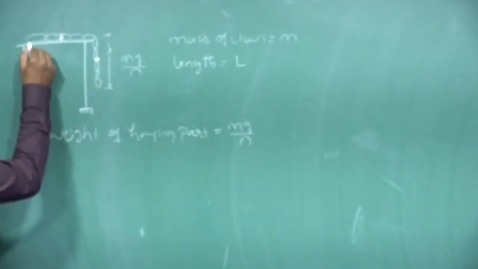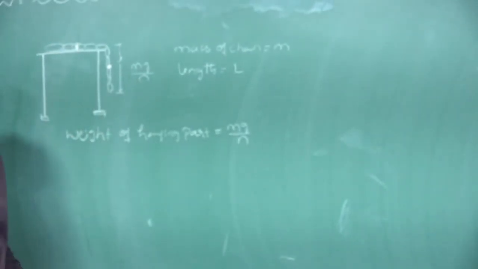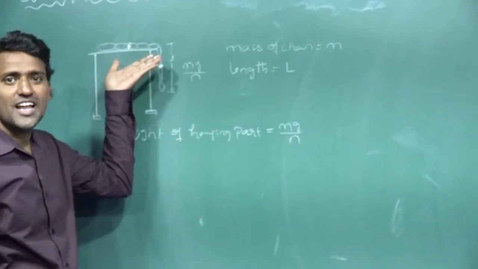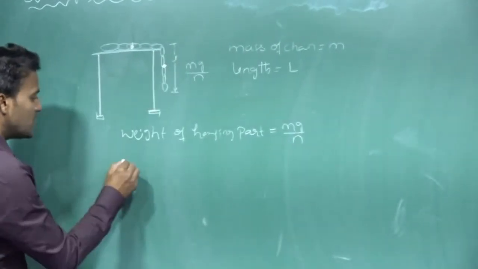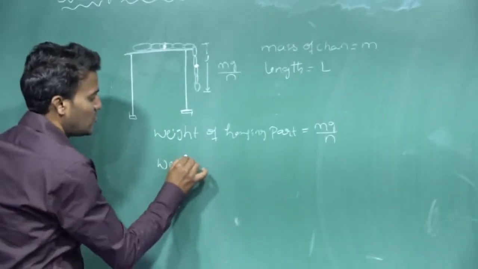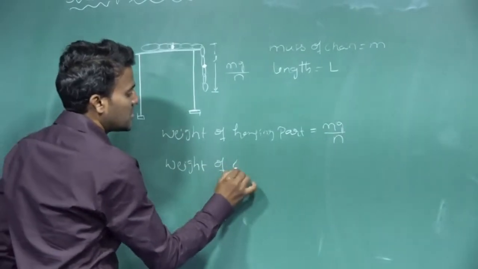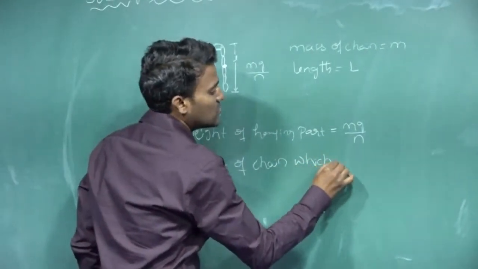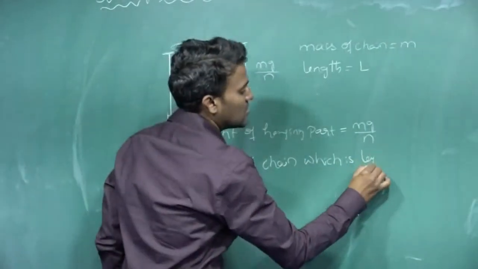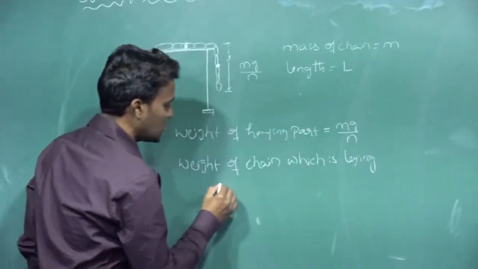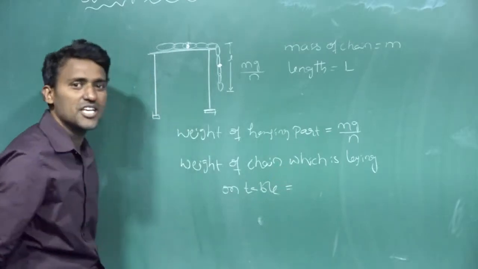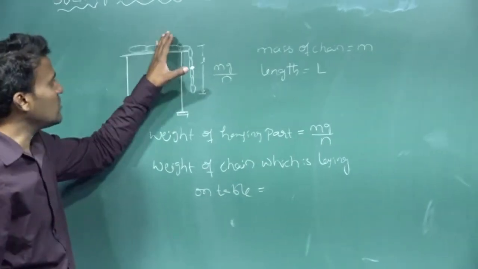And what about the weight of the chain which is lying on the table? The weight of the chain lying on the table is equal to, see here, the total weight of the chain.